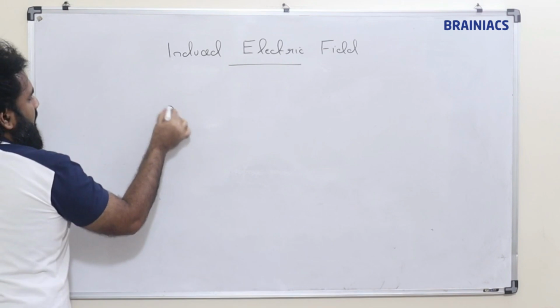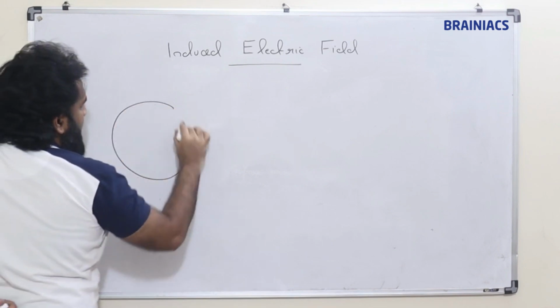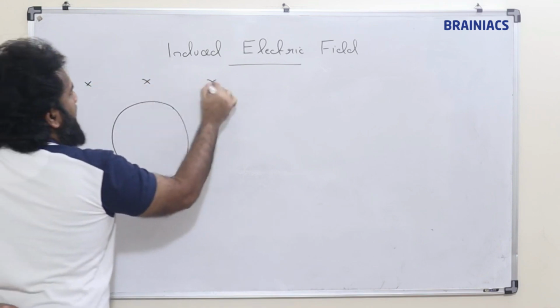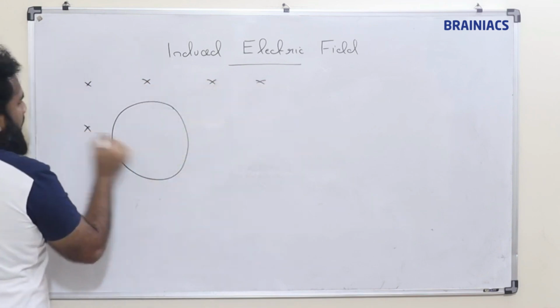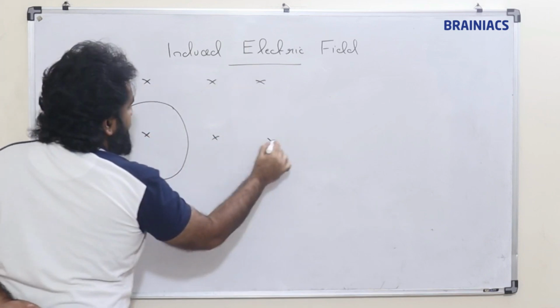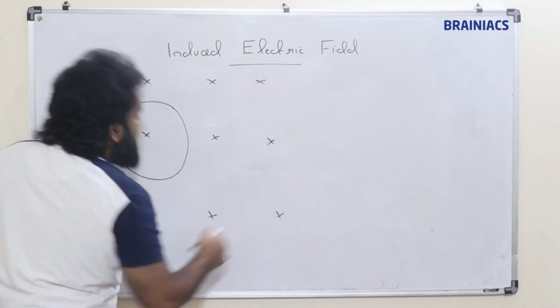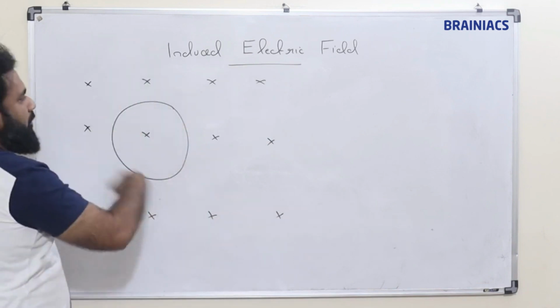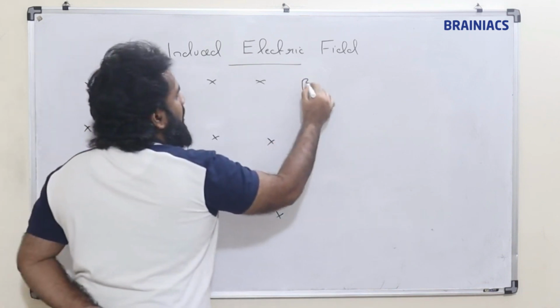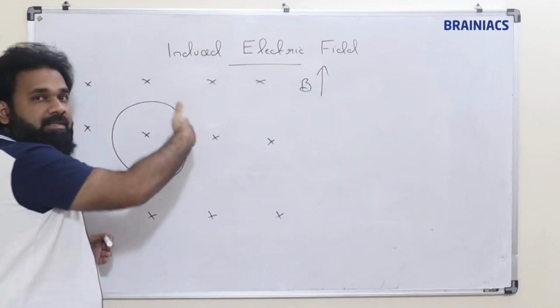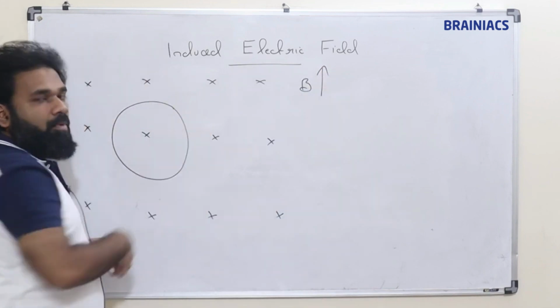Suppose this is a conductor kept in a magnetic field. Suppose this cross magnetic field is increasing, the direction of the magnetic field being into the board.